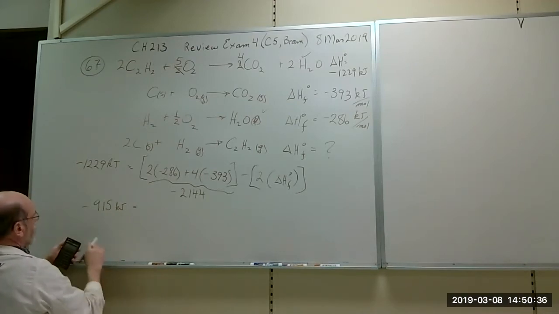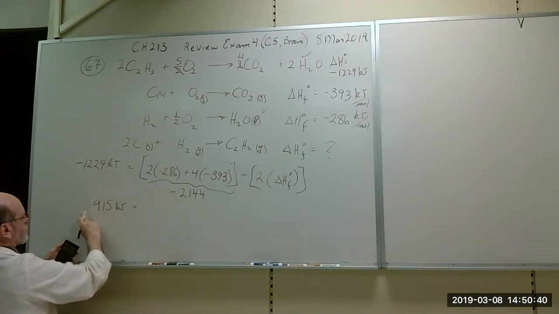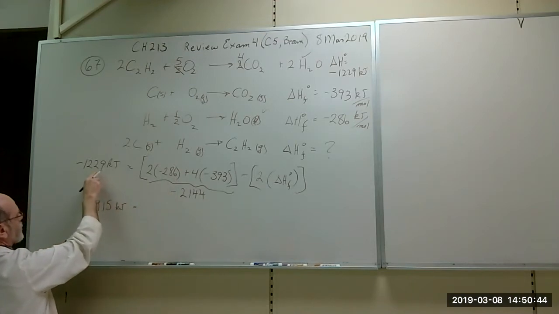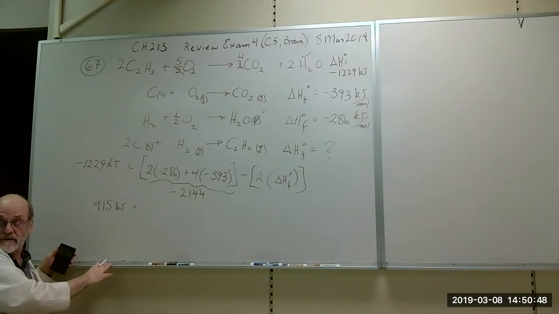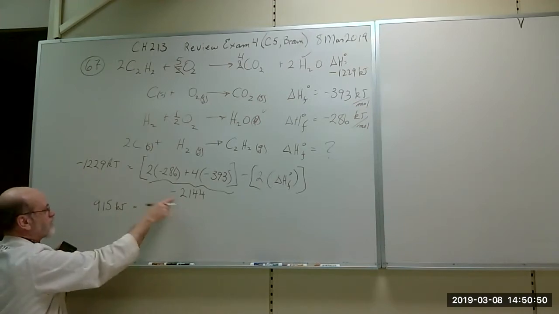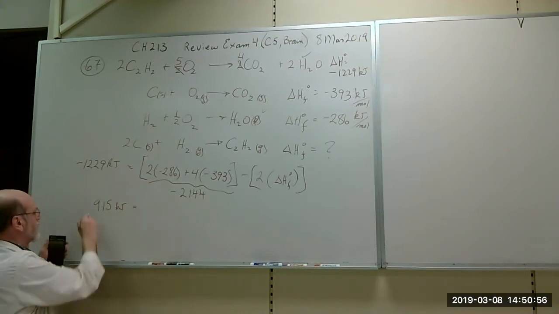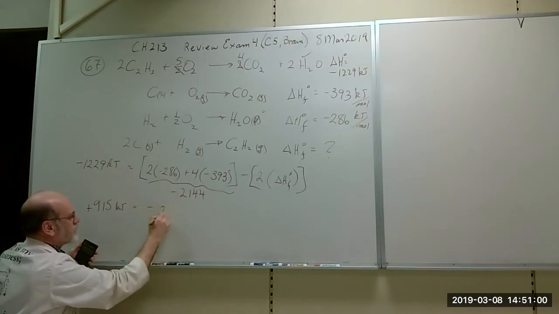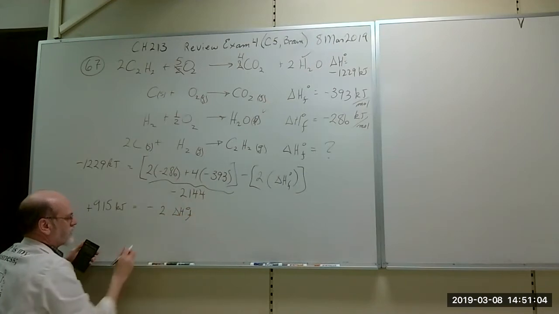No, I'm sorry. Because that's positive. And this is bigger than that one. So this positive eats up all that and leaves us that many positives. This becomes positive on that side. It's 2,000, that's 1,000, so this is reasonable. So that's plus. And we're left on this side with minus 2 times delta H formation there.